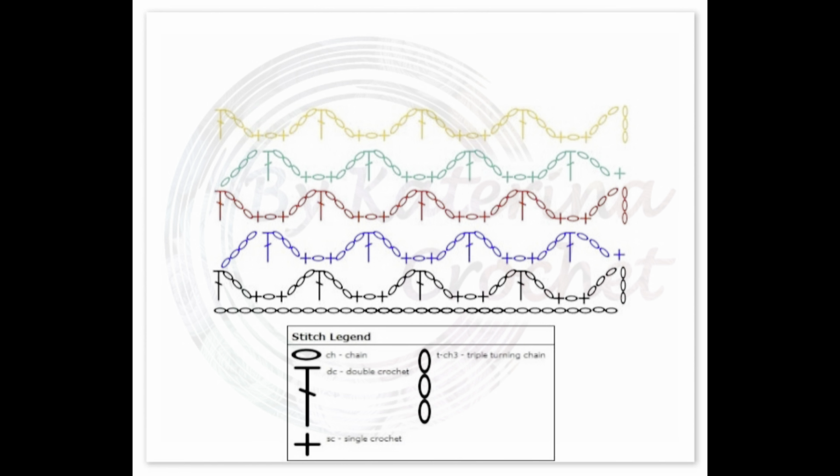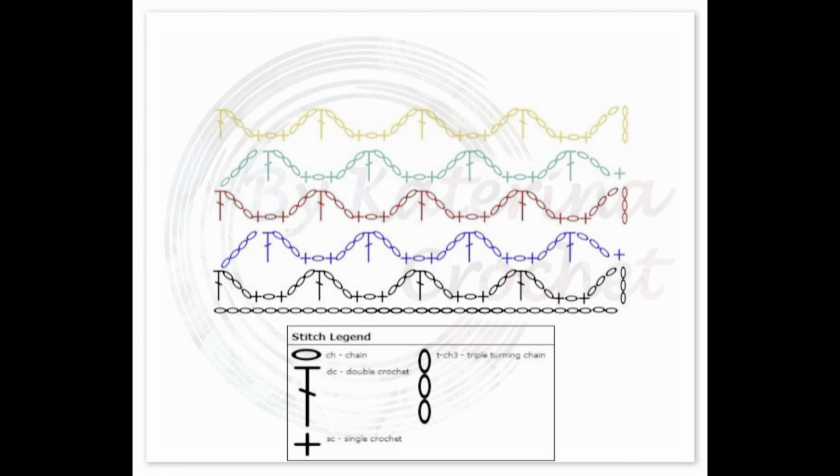But I would suggest counting the repeated section, and if you see that it's out of 8 stitches, then you know that you will need to chain, first of all, a multiple of 8. So we will start with this in mind, and as I said before, I will show you how we can adjust the number of stitches and see exactly if it is a multiple of 8 plus how many stitches.